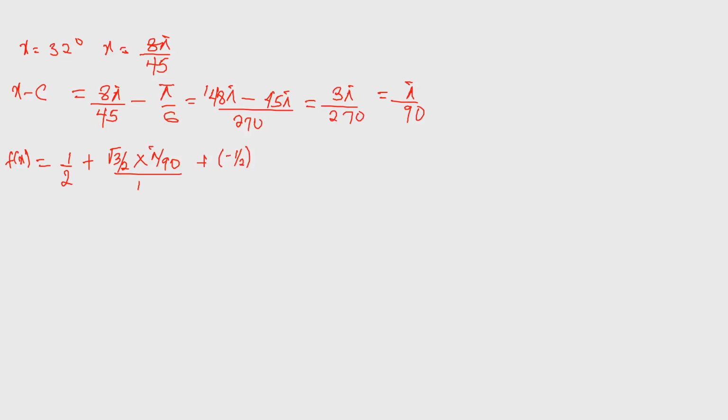So you just compute it: pi over 90 squared, then over 2 factorial. 2 factorial is 2, putting it back into the original formula that we have.